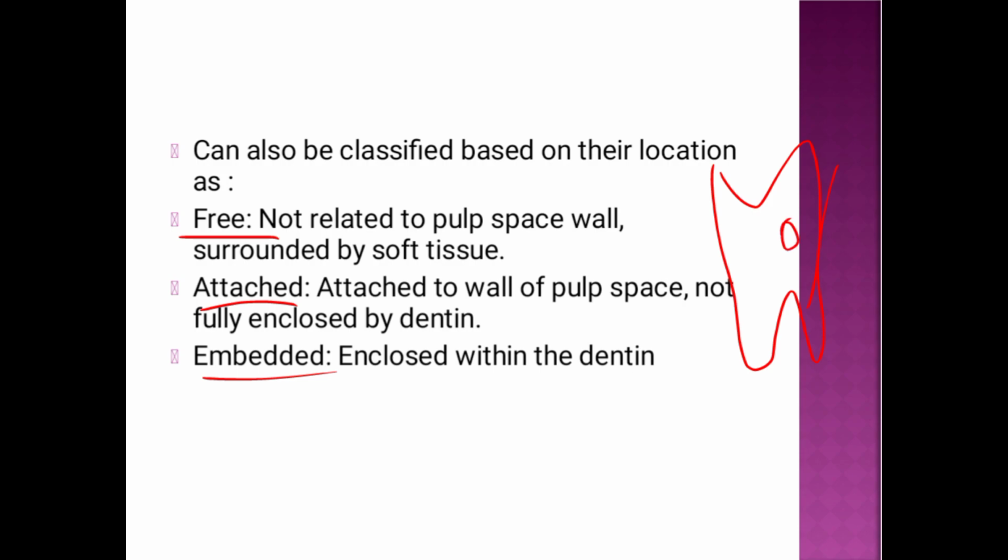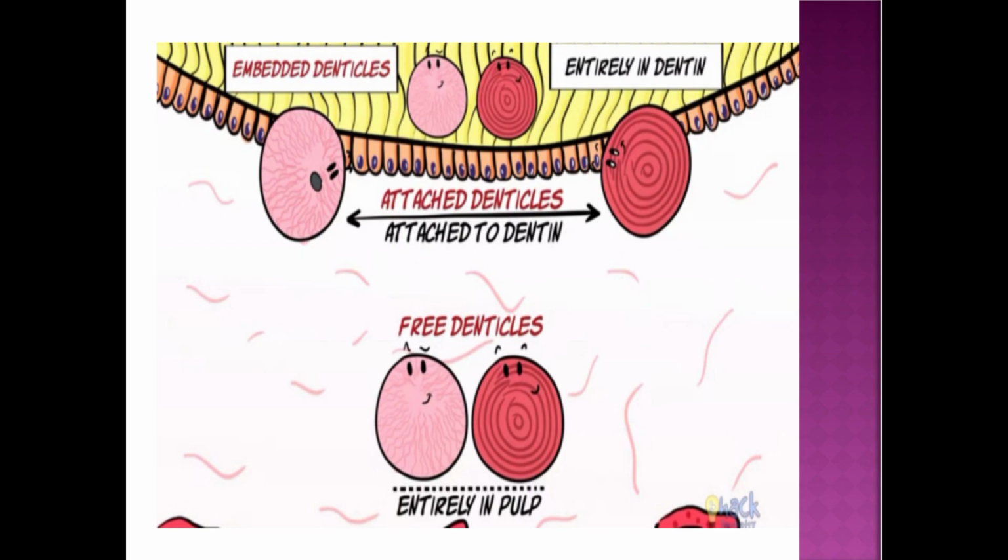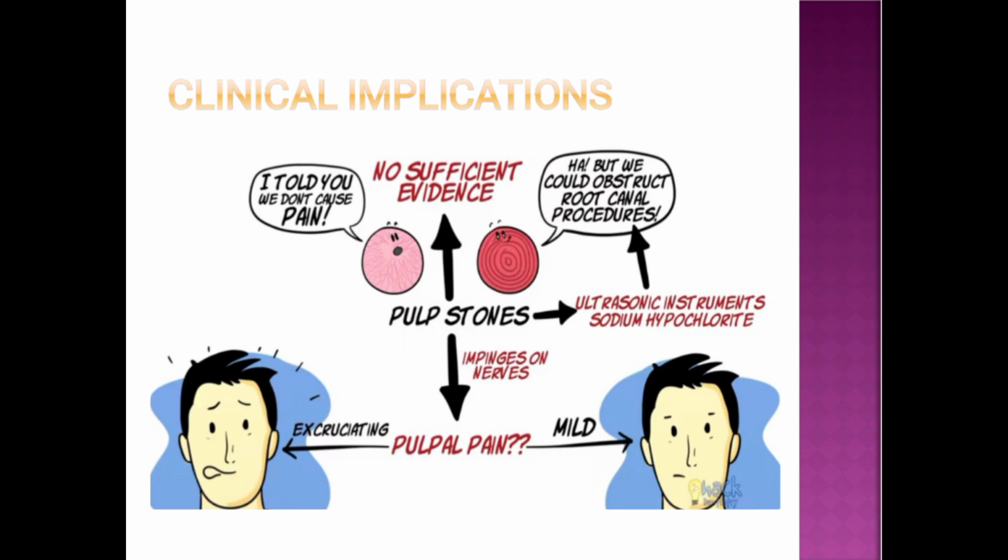Attached is when it is actually attached to the pulp, still not fully attached, partially present in dentine. Embedded is when it is actually within the dentine. You can see this diagram also.